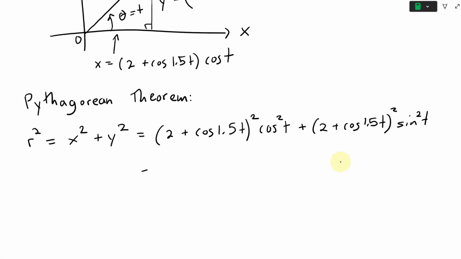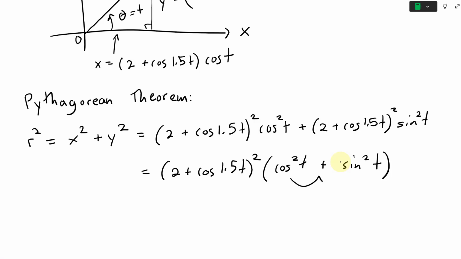This equals 2 plus cosine 1.5t squared, and then what's left is cosine squared t plus sine squared of t.